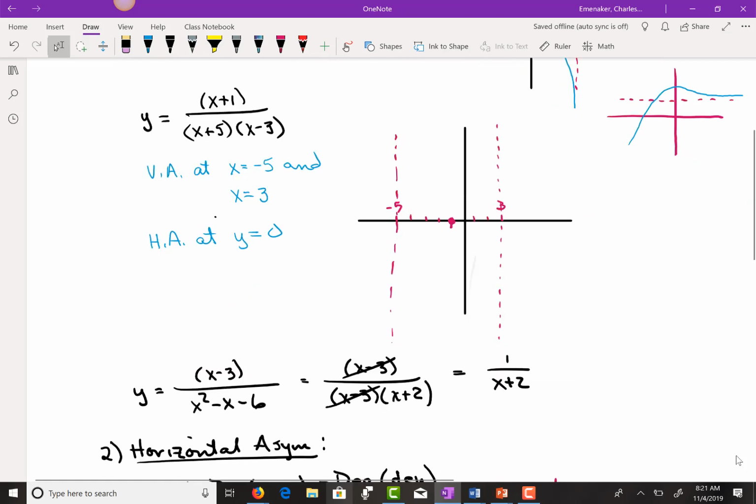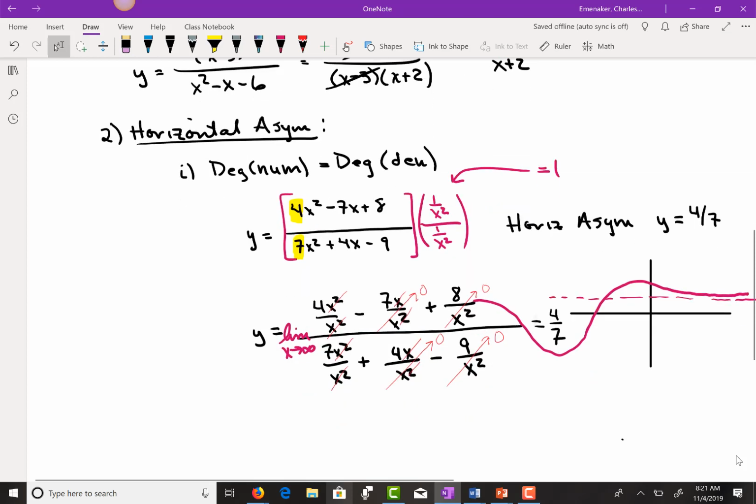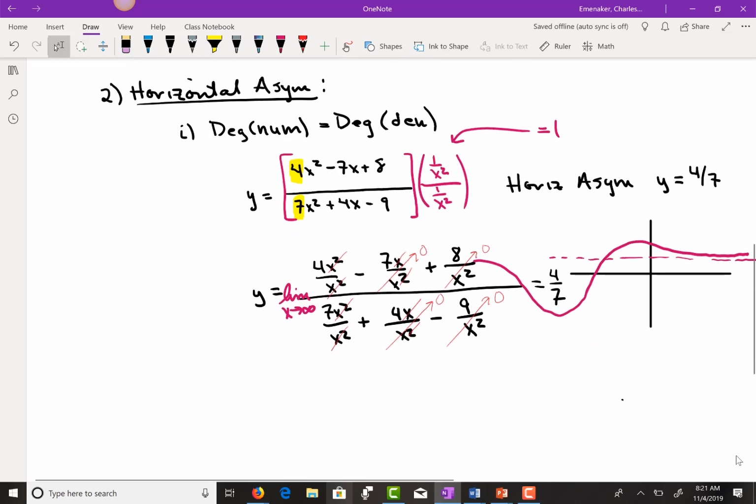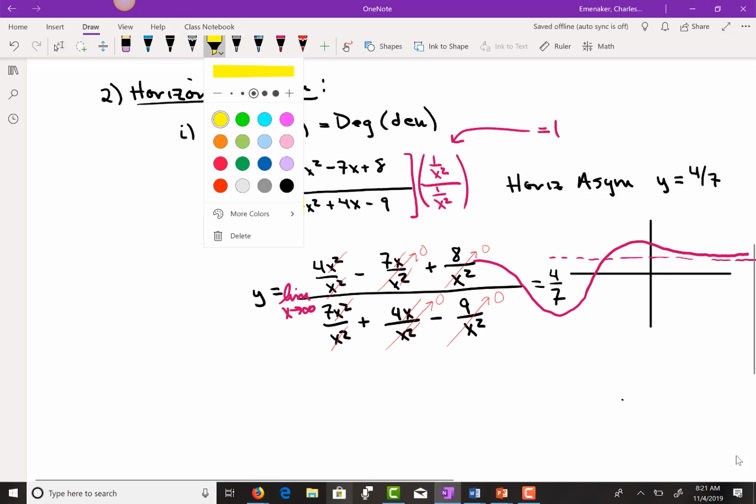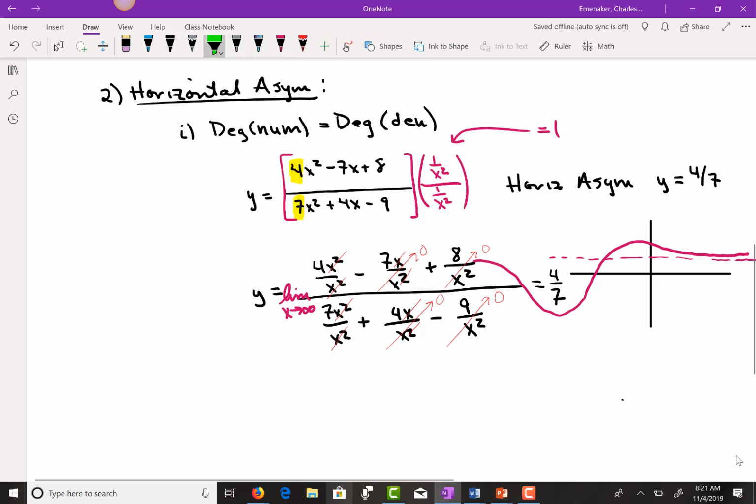The second thing to look at is, first, is the degree of the numerator equal to the degree of the denominator? If the answer is yes, then you're going to have an asymptote at whatever fraction is formed by these two leading coefficients.